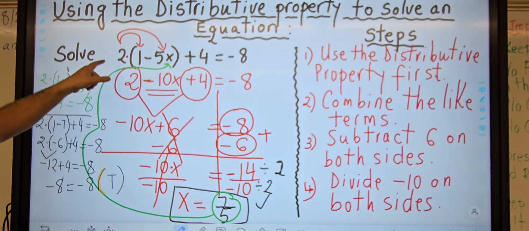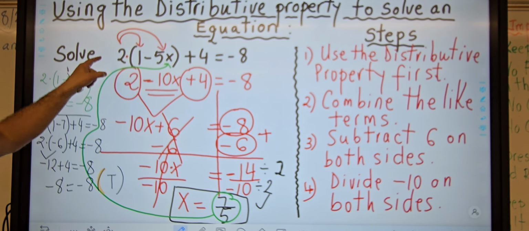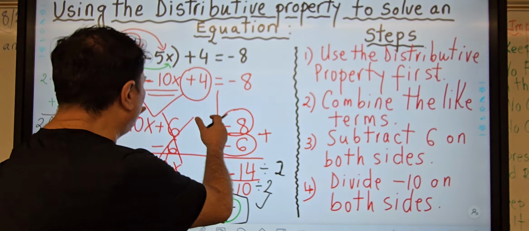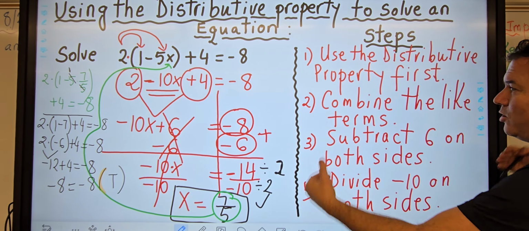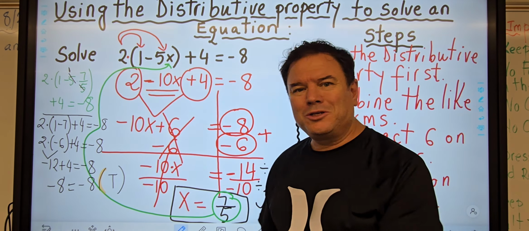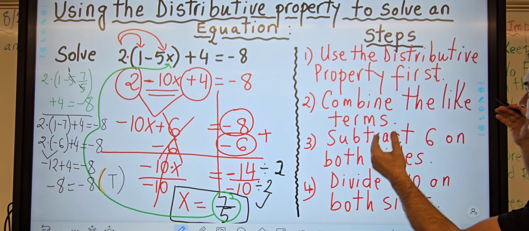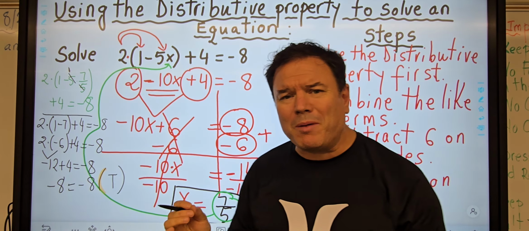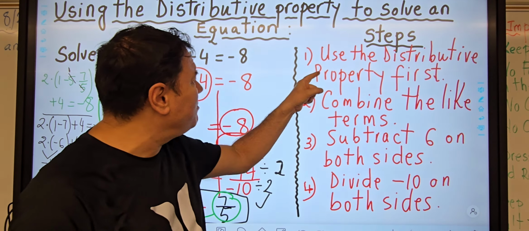Here we have to use the distributive property. We multiply 2 times 1 minus 10 plus 4 equals negative 8. And those are the steps we used in order for us to get to the solution. First step, use the distributive property first. Distributive property is one of the most important properties in mathematics. And please remember that.